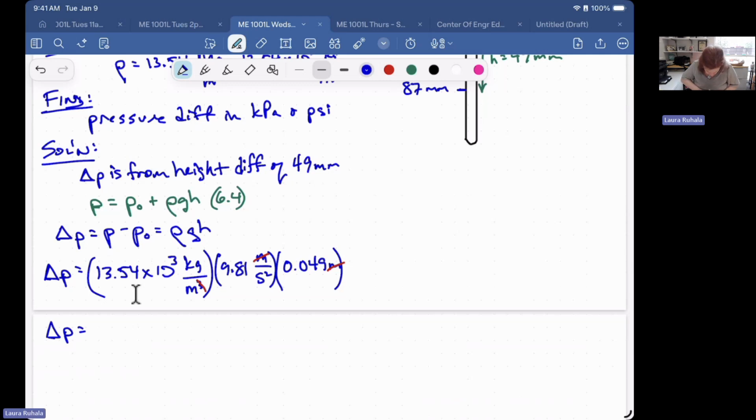So we've got 13.54 times 10 to the 3 times 9.81 times 0.049. Okay, 6508.5. 6508.5 kilogram per meter second squared.